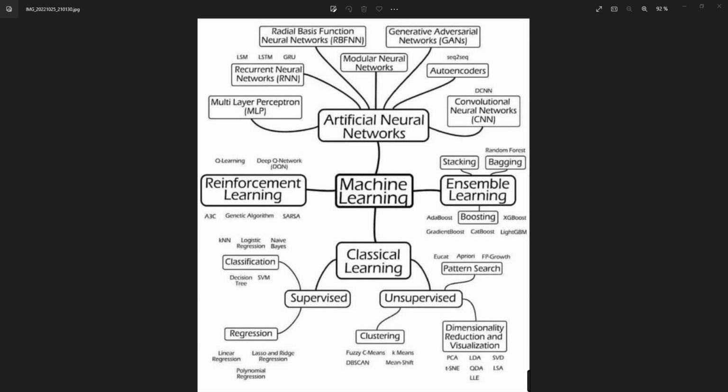Then on the left side, the MLP, the multi-layer perceptron, which is actually used for time series data, or in general for speech.